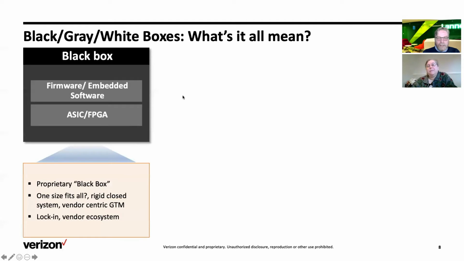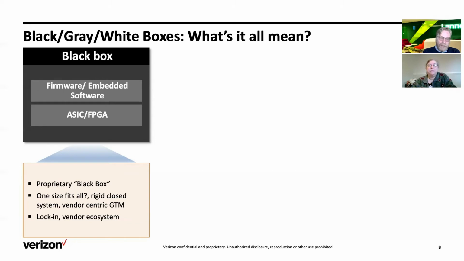Traditionally, when we looked at the deployment model, when you buy appliances from a single vendor, you are locked into a specific architecture. That means you have an ASIC dedicated to a specific network function, and you have software on top of it, which is associated with the actual physical hardware.